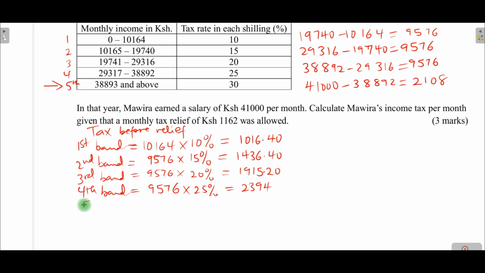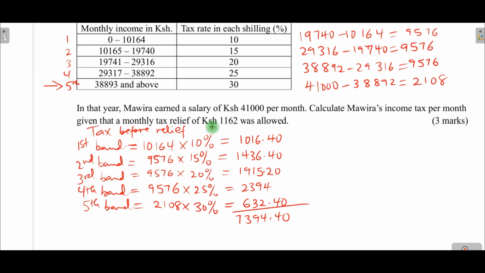So for the last band, which is the fifth band, the tax due will be 2108 times 30%, and therefore we get 632.40. So if we add all the tax due, the total tax due will be 7394.40. That is the total tax due.